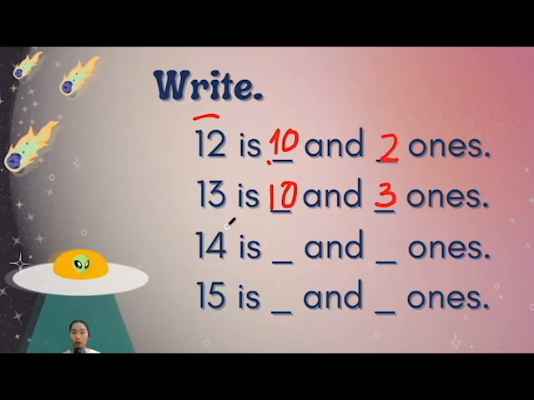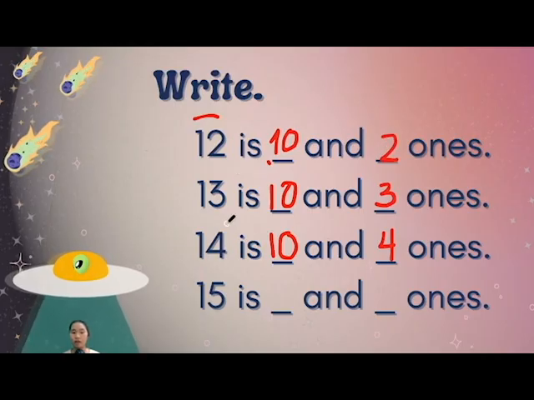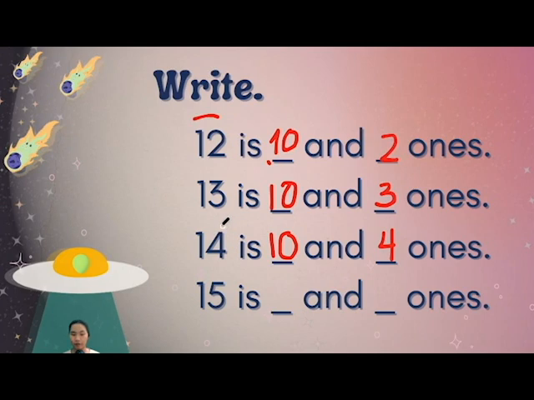If you follow the logic, 14 is 10 and 4. Now, if you try to add them together, for example, 10 plus 4, 10 plus 3, 10 plus 2, the sum that you would have is 14, 13, and 12 respectively, okay?